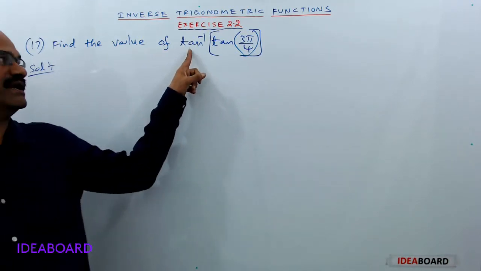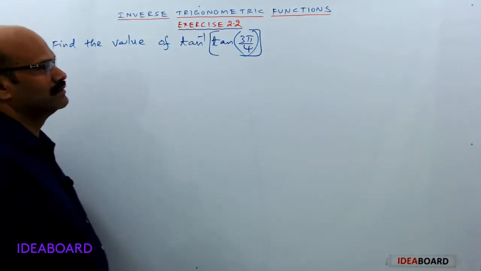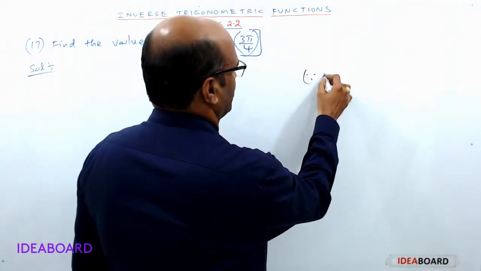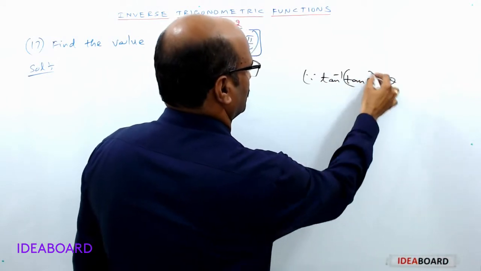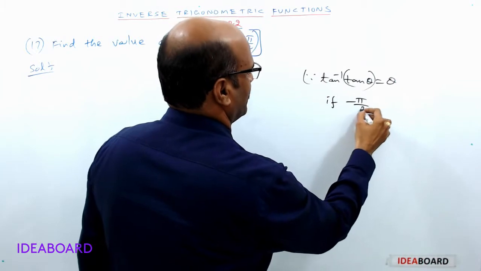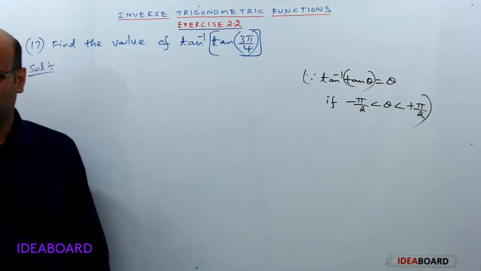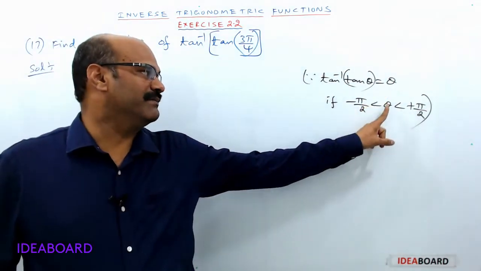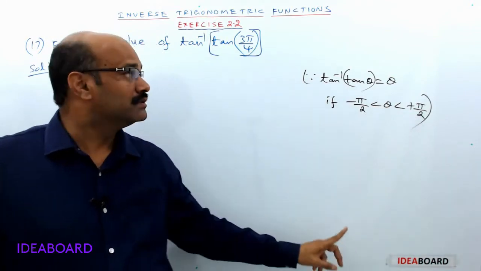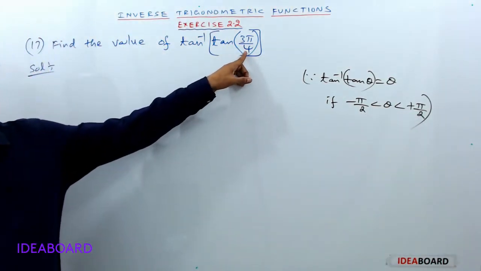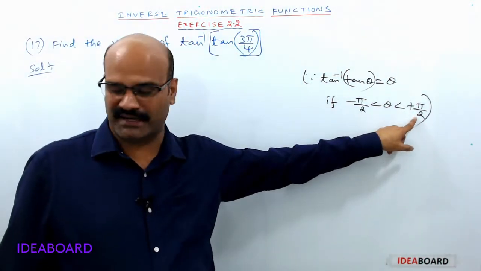Find the value of tan inverse of tan of 3 pi by 4. The formula is tan inverse of tan theta equal to theta if minus pi by 2 less than theta less than plus pi by 2. Here theta should lie between minus pi by 2 and plus pi by 2. 3 pi by 4 equal to 135. 135 does not lie between minus pi by 2 and plus pi by 2.